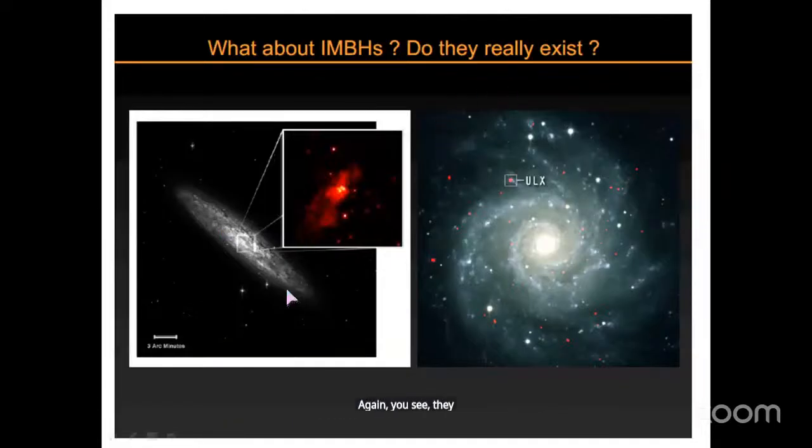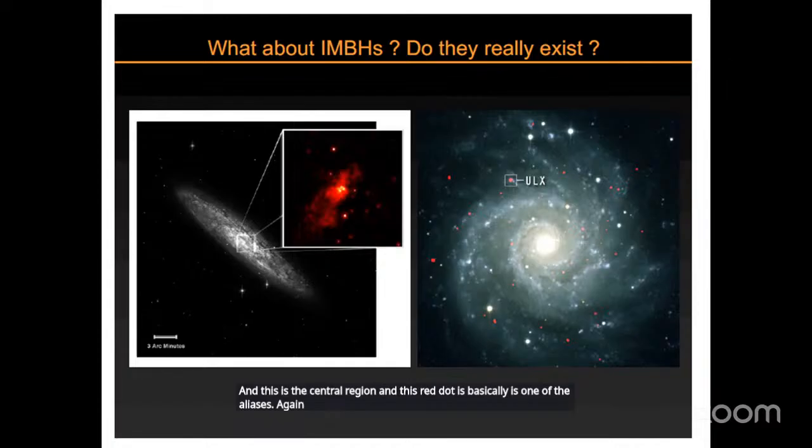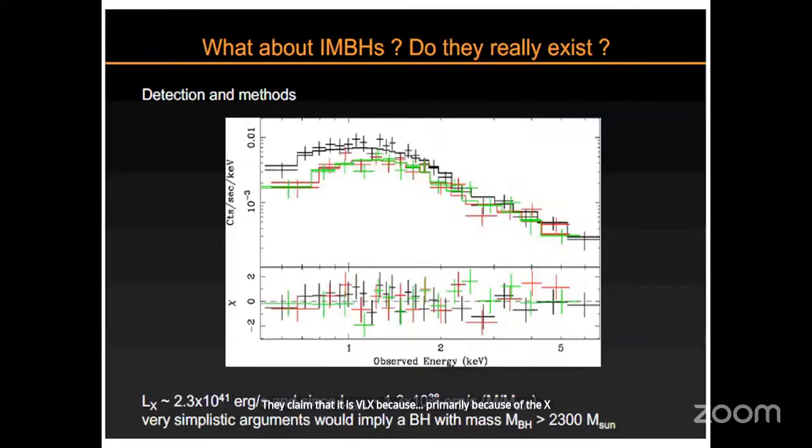Again, this is one of the galaxies, and this is the central region, and this red dot is one of the ULXs. They claim that it is a ULX primarily because of the X-ray luminosity. This is a typical spectrum that we often use, emitted by one of the famous sources.